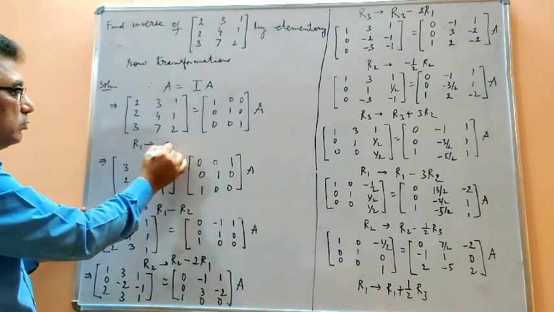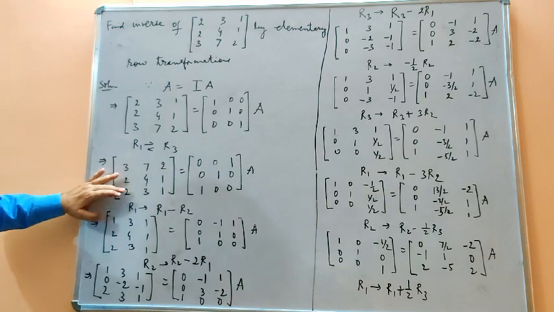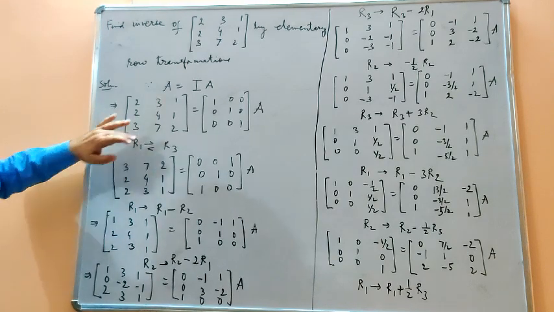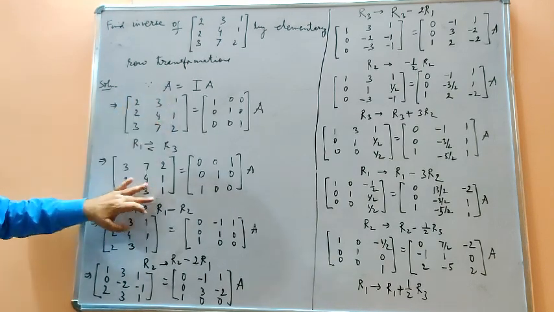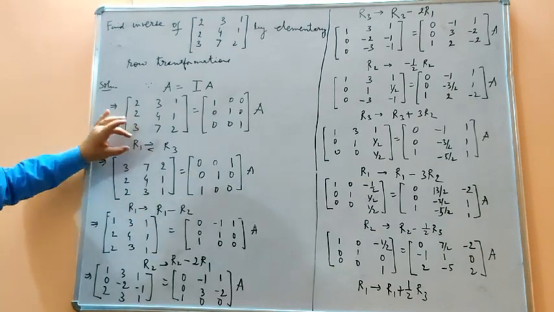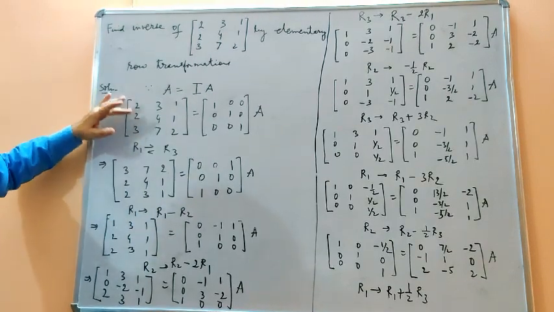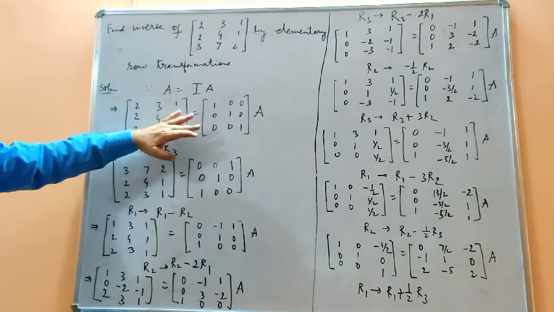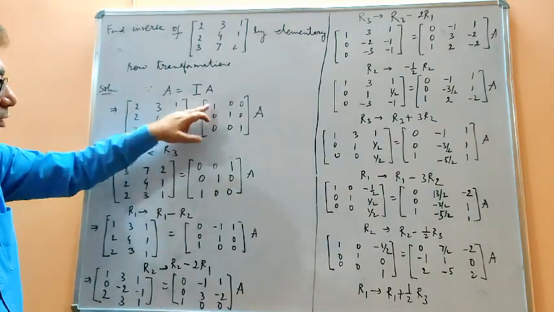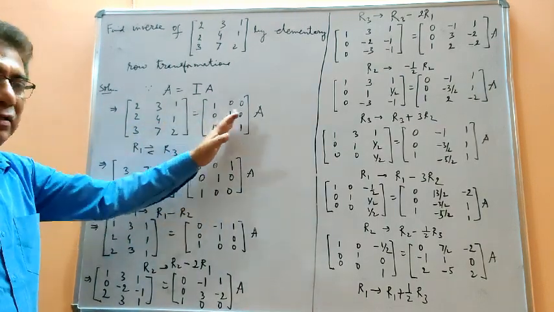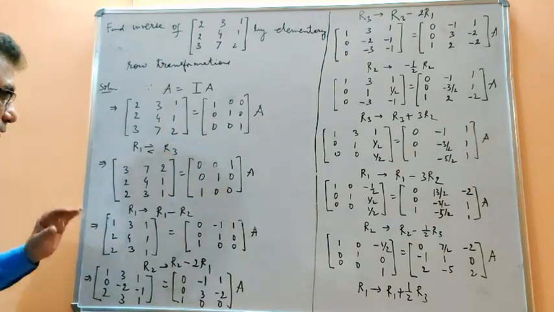Sorry, this is row 3. So 3 7 2 has come here, and 2 3 1 has gone here, and this is 2 4 1. So row 1 has been interchanged with row 3. The same I have done here. 0 0 1 has gone here, and 1 0 0 here, and the middle, that is R2, is not disturbed.